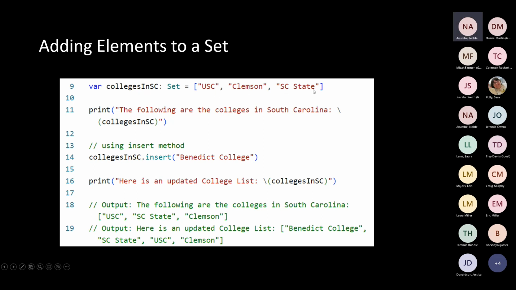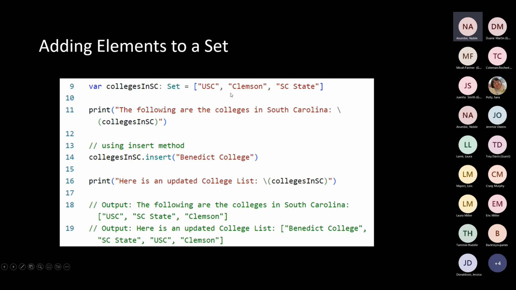Which is where we gave this as an example, right? We're talking about colleges in South Carolina. We have all of this in a set. The following are the colleges in South Carolina. So assume you have a set that has everybody entering their colleges, and there are like 5,000 entries because students from all of the places are entering. But then you have these, say, 5,000 entries, and all you're really interested in is the number of schools, the unique number of schools, names of the unique schools, right? That's where you use sets.